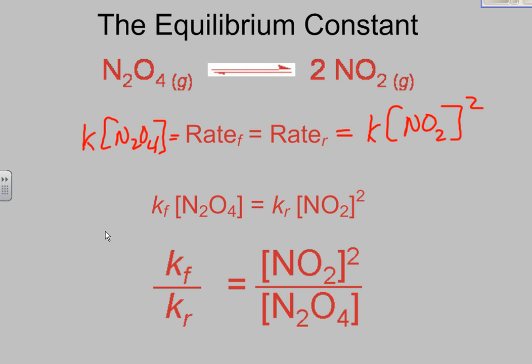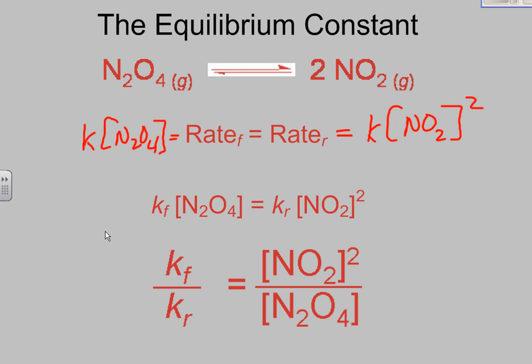Now, we did make an assumption here. We assumed that the rate in the forward direction and the rate in the reverse direction were elementary reactions. In other words, we could take the stoichiometry, or the coefficients in the equation, and use those as the order for each reactant.